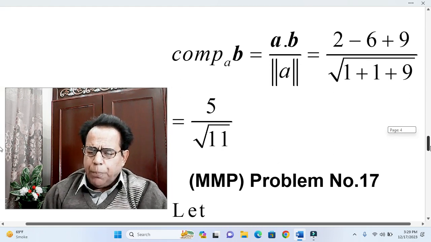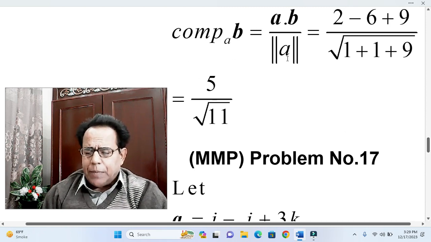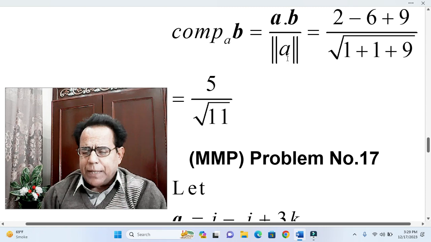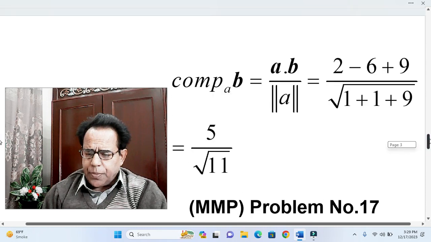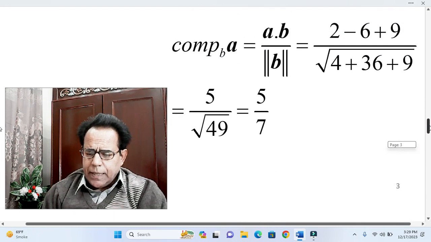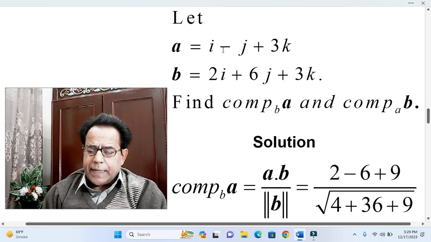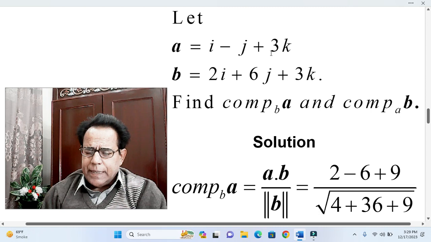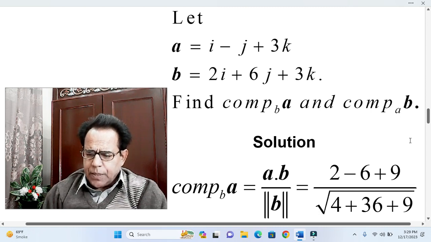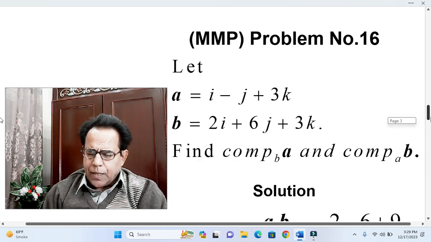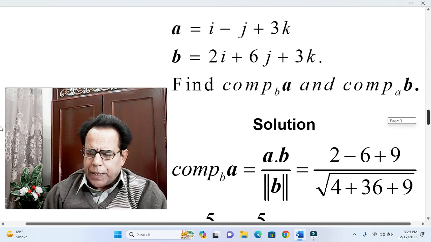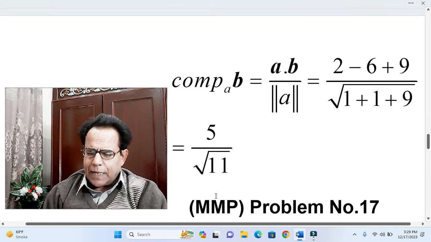Exactly. Now component of A on B, A becomes in the denominator and it is taken as a magnitude. Now we are taking A magnitude, 1 plus 1 plus 9, 11.